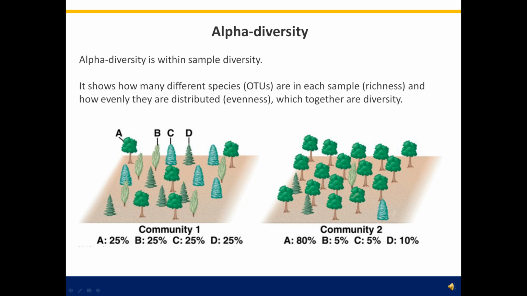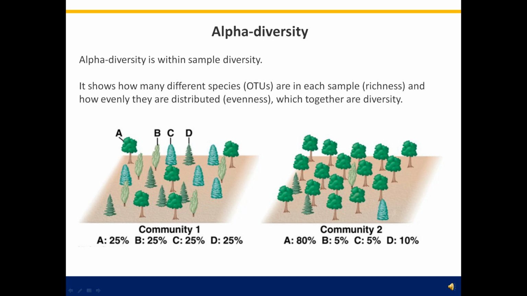But in community 2, tree A is much higher, like 80%, and B is 5%, C is 5%, and D is 10%. So this says that community 1 is more diverse than community 2.